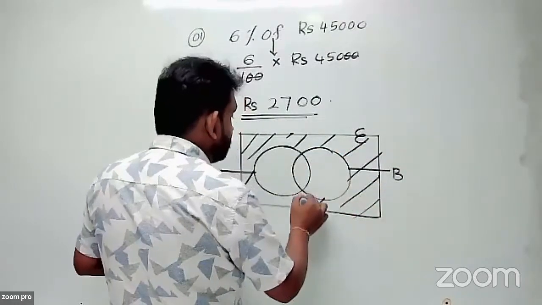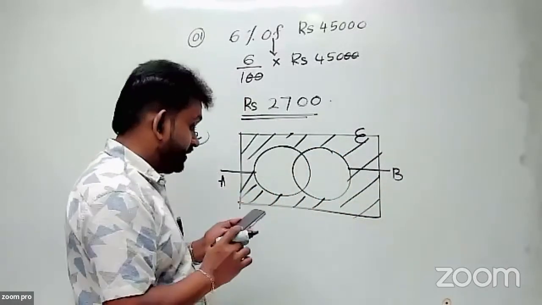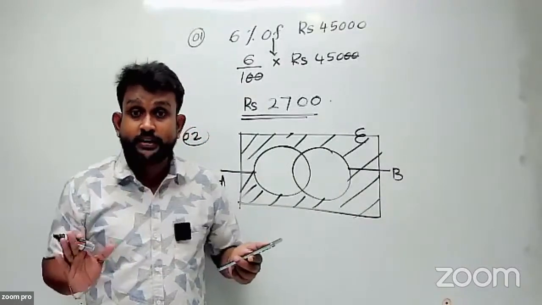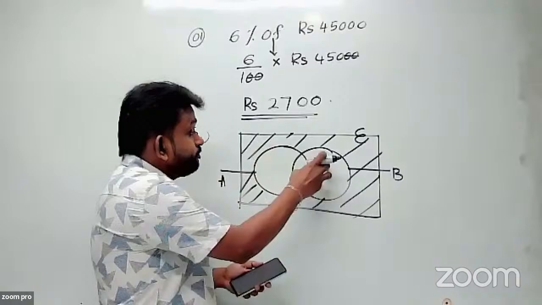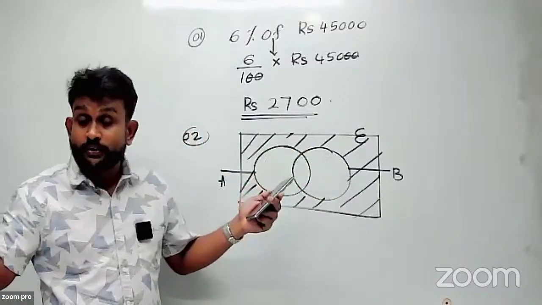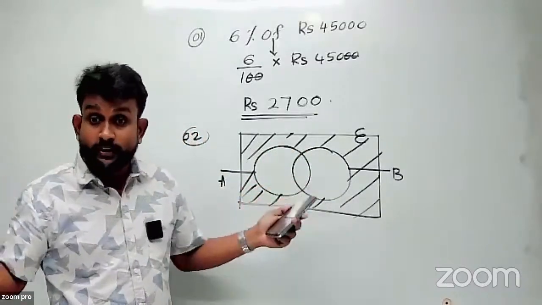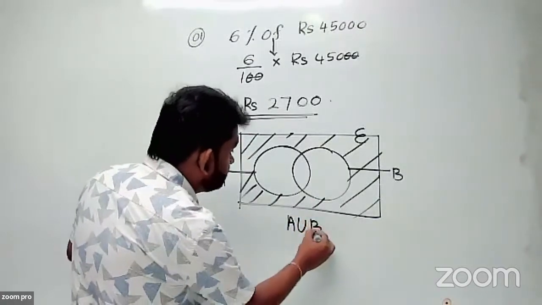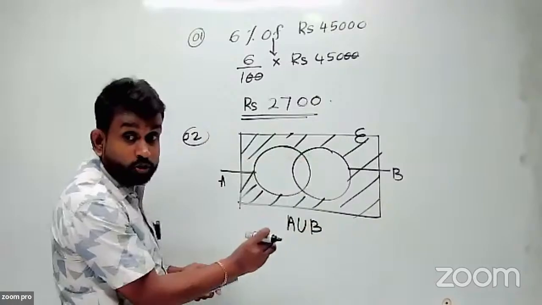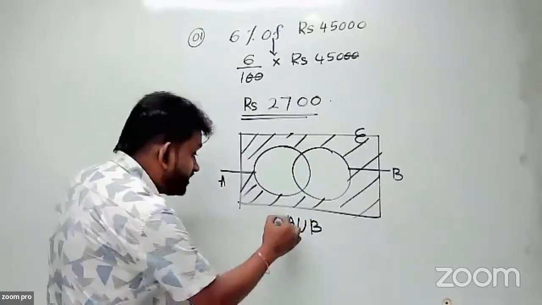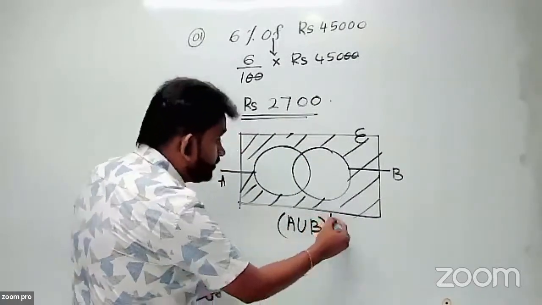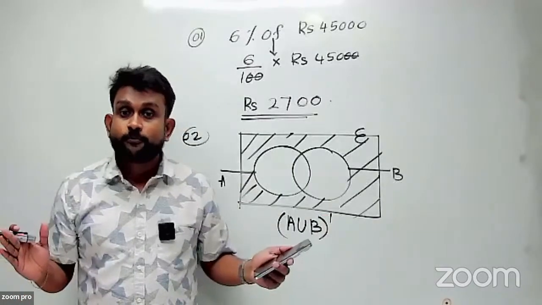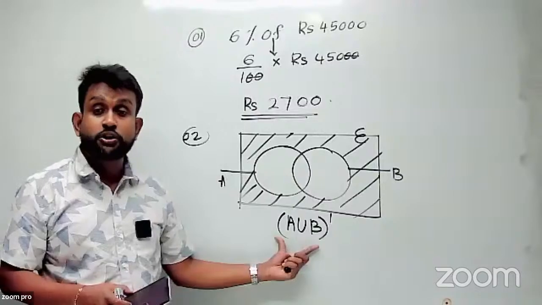Now you can see either A or B is not shaded, except A plus B both, right? Plus is like the union, A union B, A and B both, but except that, except means the complement, right? The dash: A union B complement, right? So this is the set notation.